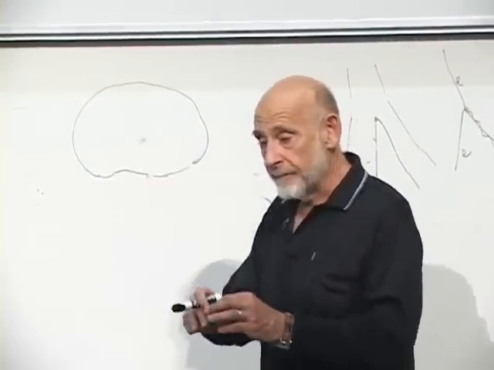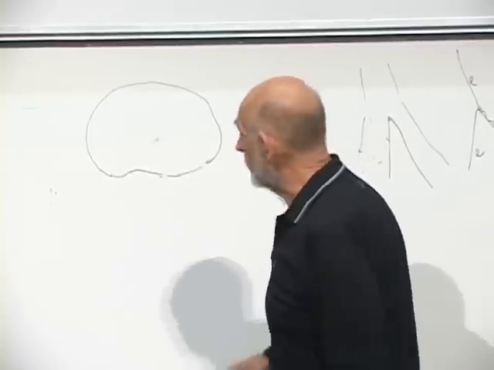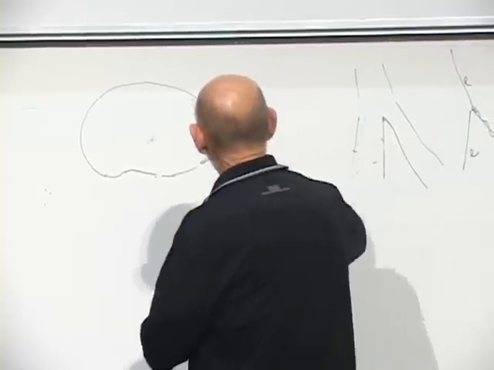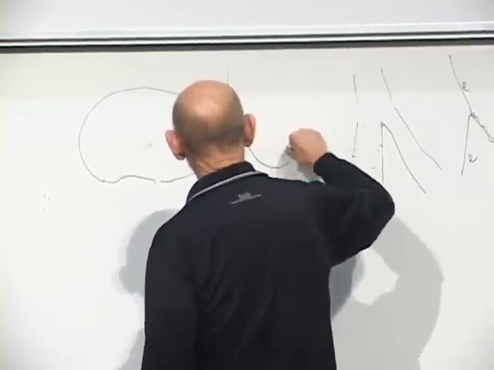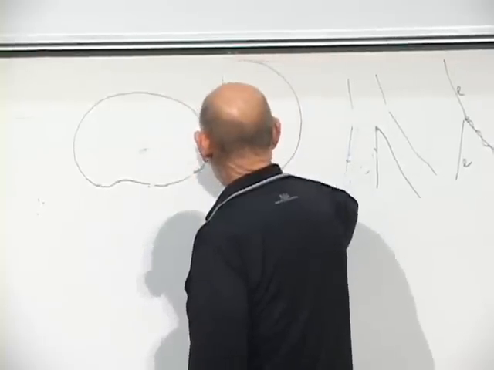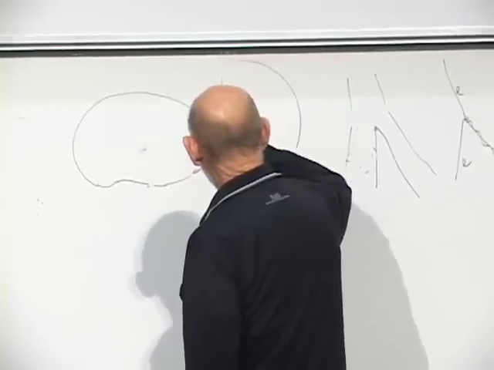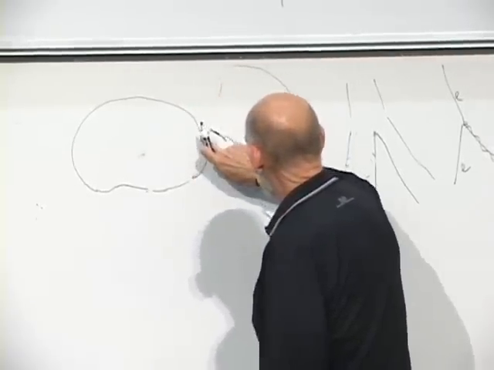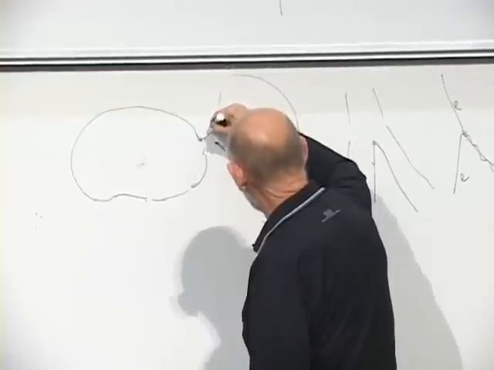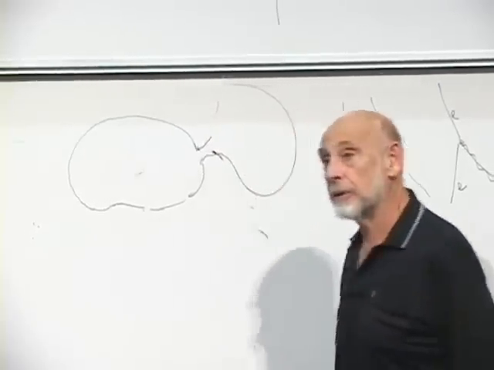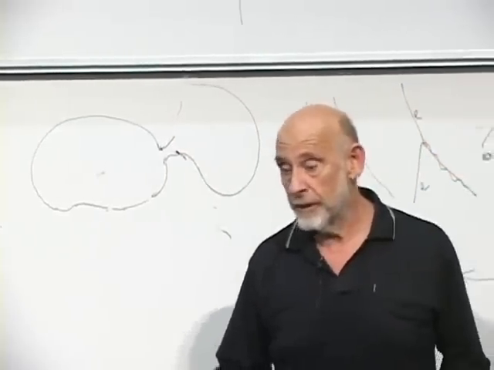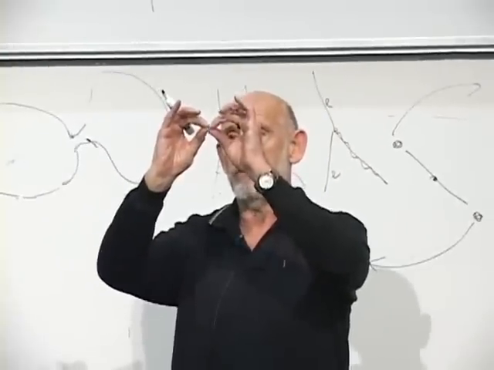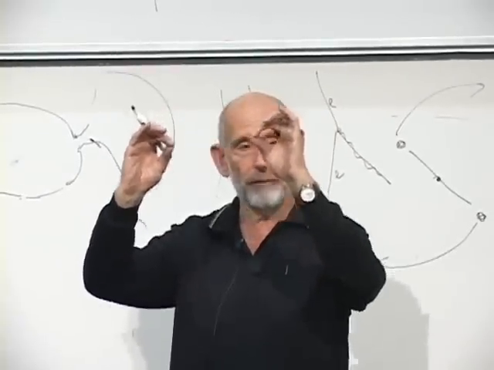If they don't interact by splitting and then touching other strings, the way they interact is different. Here are two closed strings, and they come together and then fuse to form another closed string. At no point did they ever form open strings. They came together like this, touched, and formed another closed string.